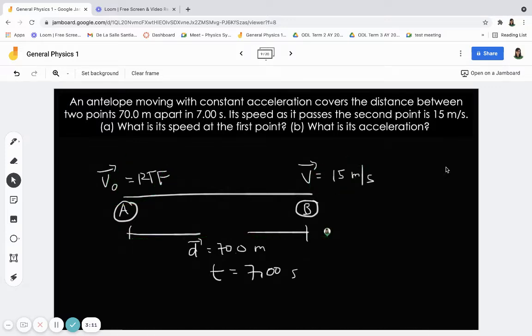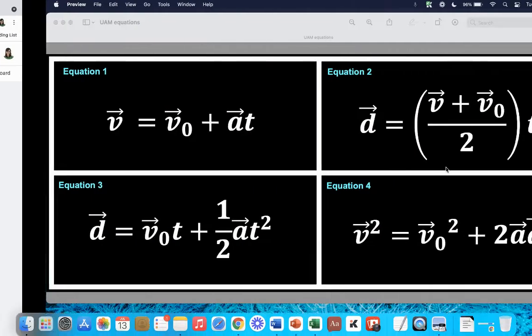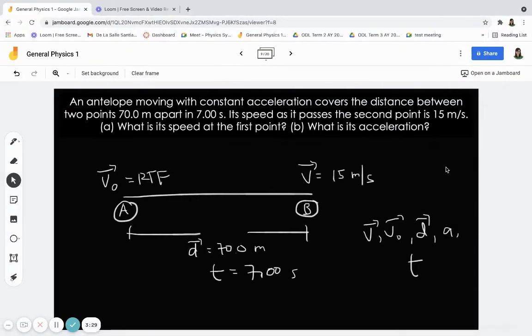Now going forward, how do we decide on what equation to use? Okay, so going back to the variables, we have a final velocity, initial velocity, displacement, acceleration, and time. So the question is, which among the kinematic equations should we pick? So if you look at the variables in the problem, we know final velocity, we also know displacement and time, and the required to find is initial velocity.